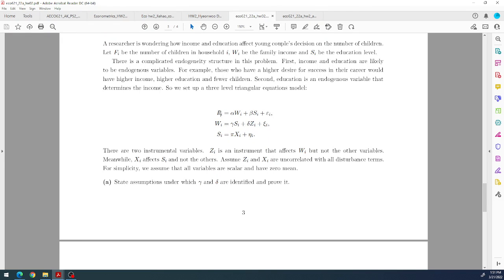Let me fix my statement. This is reduced form, but these two guys are structural forms. So it was my mistake. I should have said it's structural because it specifies the relationship between the endogenous variables. So S causes W. So it's my fault.